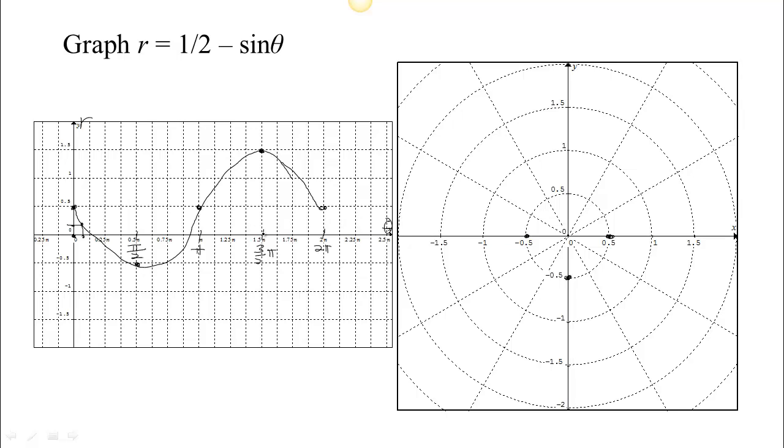Facing 3 pi halves, we walk forward a step and 1/2. So 3 pi halves is looking south. Looking south this way, we walk forward 1.5. So there's 1/2, 1, 1.5, so we walk forward to that point. And now facing 2 pi, we're back facing down the x-axis, and we're back to where we started. We walk forward 1/2.